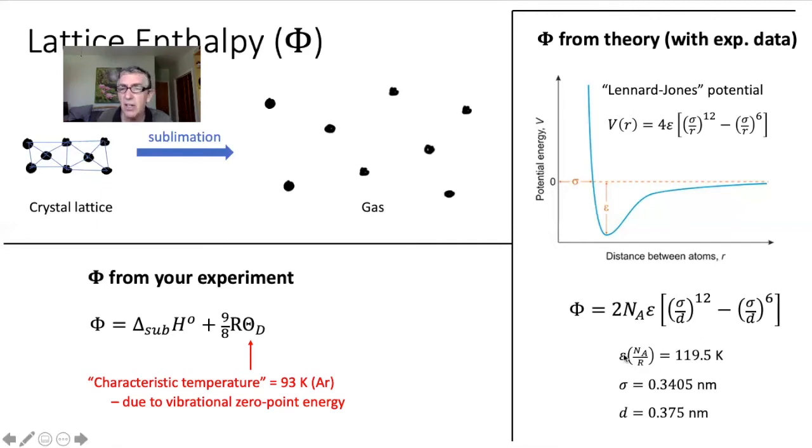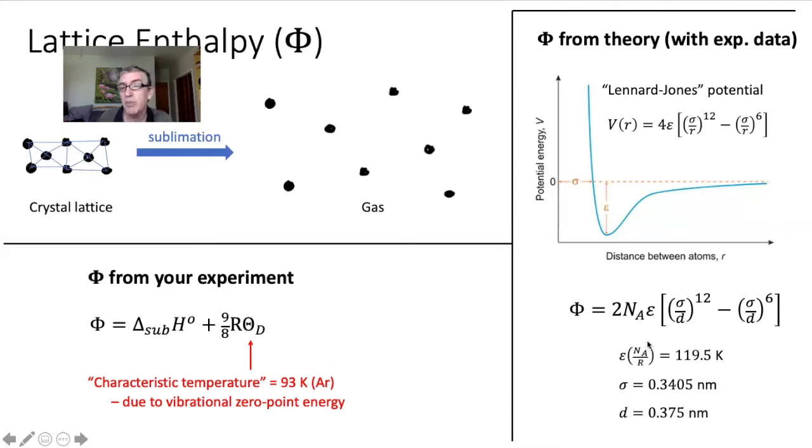In any case, you've got epsilon, times Avogadro's number divided by the gas constant is equal to this, and then sigma and d. Now d is the nearest neighbor distance for solid argon, which happens to be, as I said, the crystal form called face-centered cubic.